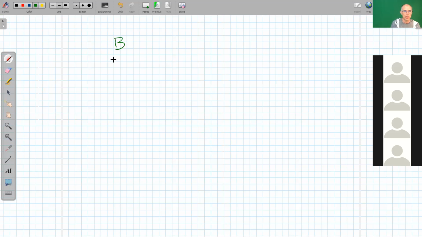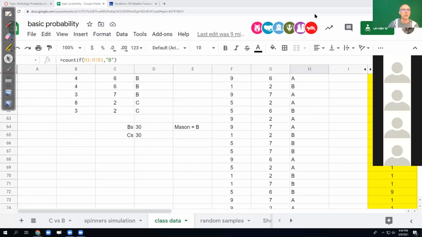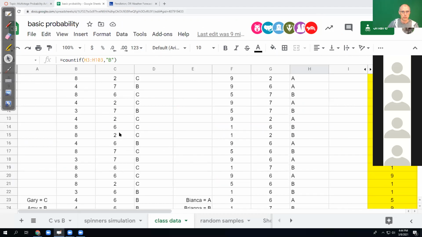So we're going to make a table. So this is the theoretical part. I've got to get the options down. I can't remember what the numbers are. It's on this page.